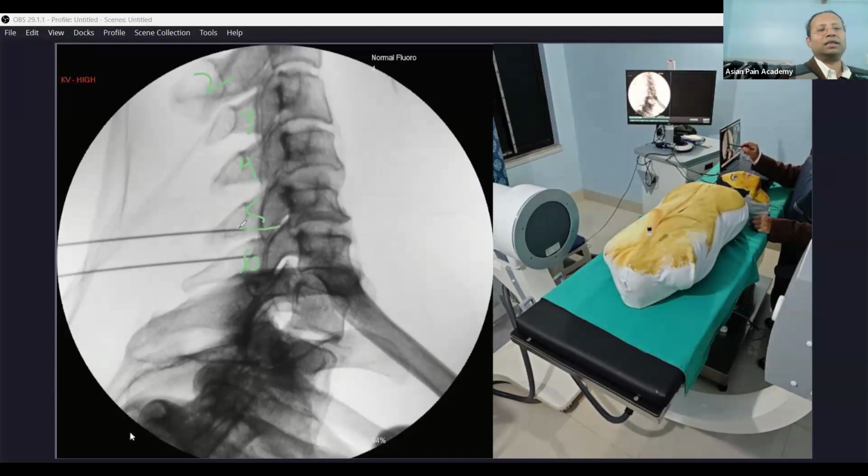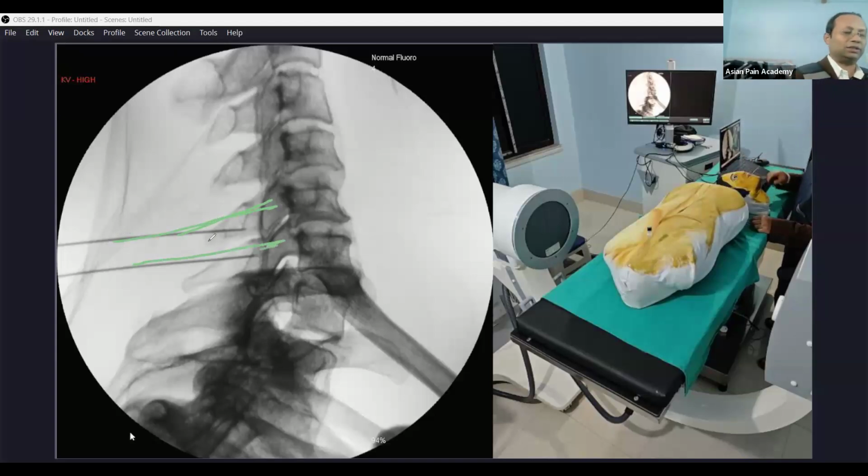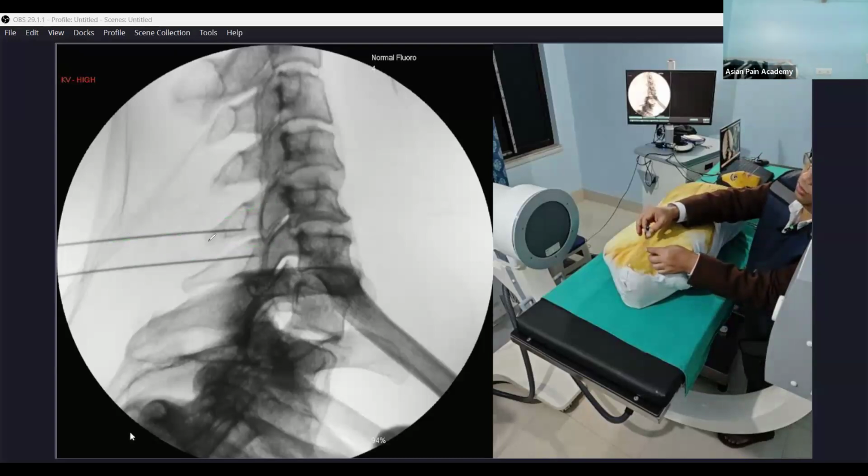But of course, if it comes like this, then it will not come in the middle part of the facet. So I have to change the direction like this, and it has to reach here like this. So I will change the direction here, and here also I will adjust the direction a bit to reach this place. Okay. So that is not very tough here.